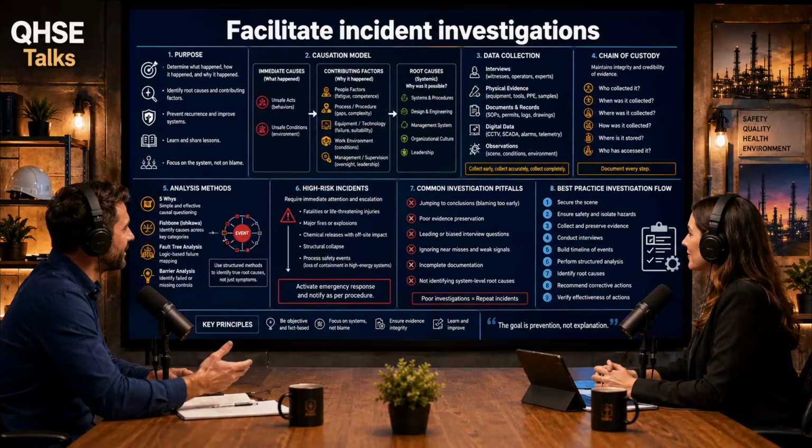Exactly. Therefore, periodic analysis of this database must be formally assigned to a specific individual. Like who? Typically an incident program coordinator or a senior safety analyst. Their job is to constantly scan the data to identify adverse trends, recurring underlying causes, and chronic issues that might be flying under the radar. How do they spot that? They can sort incidents by department, by time of day, or look for latent commonalities.